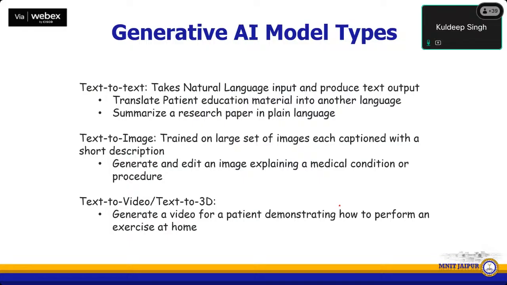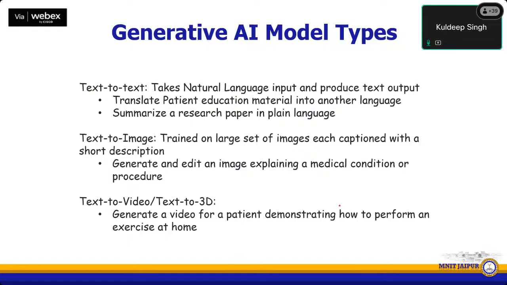Further, we have text to image types of generative AI models. They are basically trained on a large set of images, and for each image, let's say we have captions or a short description.